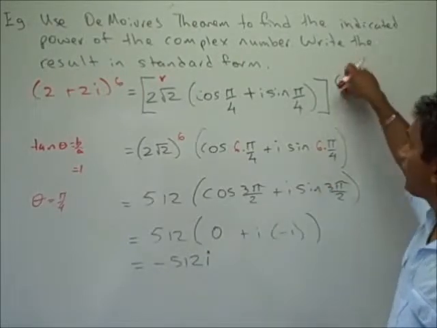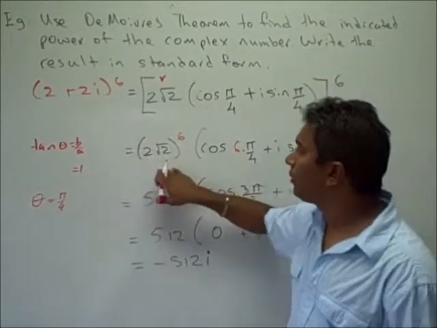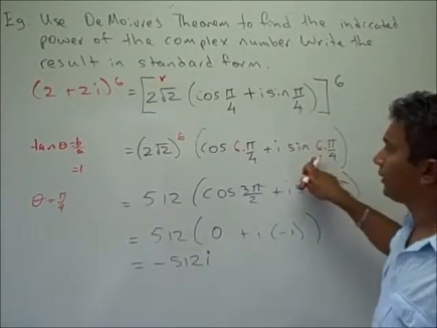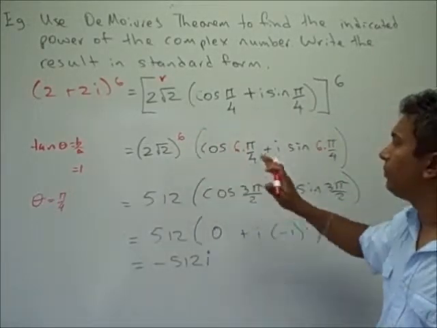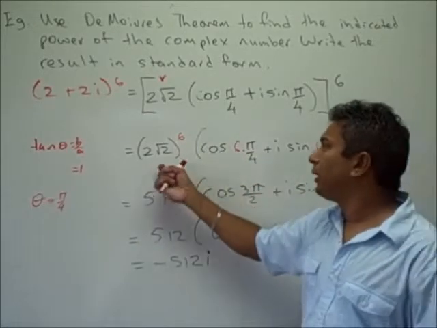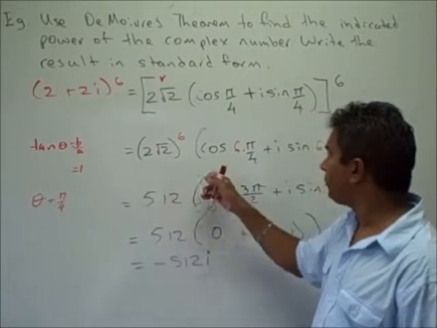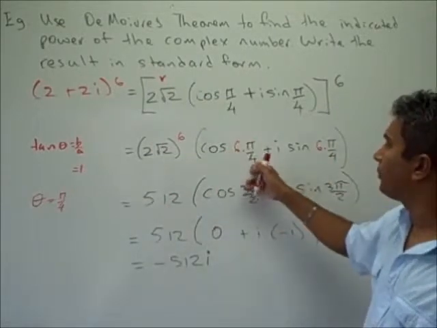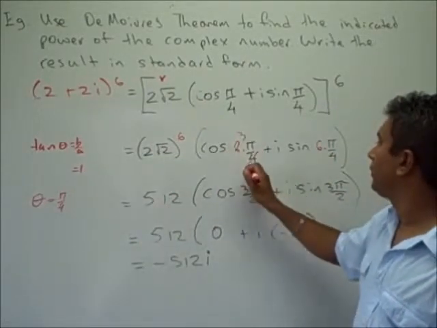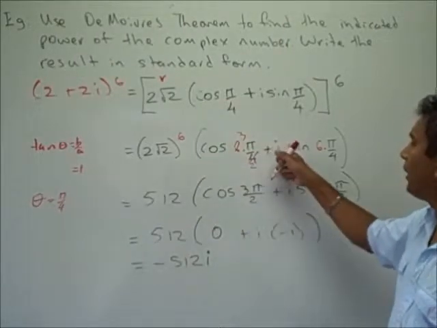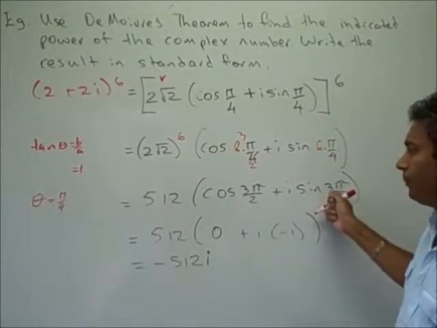According to De Moivre's theorem, we can now take our r and raise it to the 6th power and multiply theta by 6. Now it's just a matter of simplifying this. So 2 radical 2 to the 6th power will give us 512. Cosine of 6 times pi over 4 reduces to 3 pi over 2. So now we have cosine of 3 pi over 2 plus i sine of 3 pi over 2.